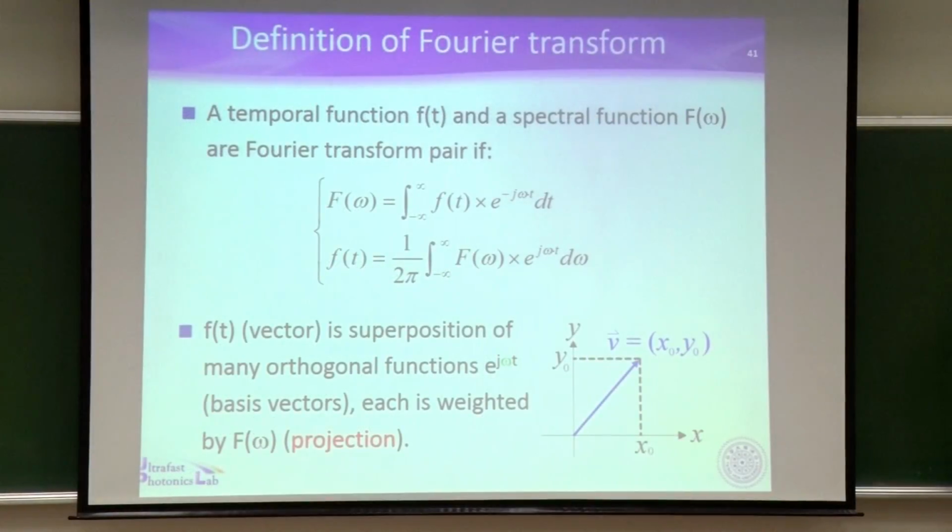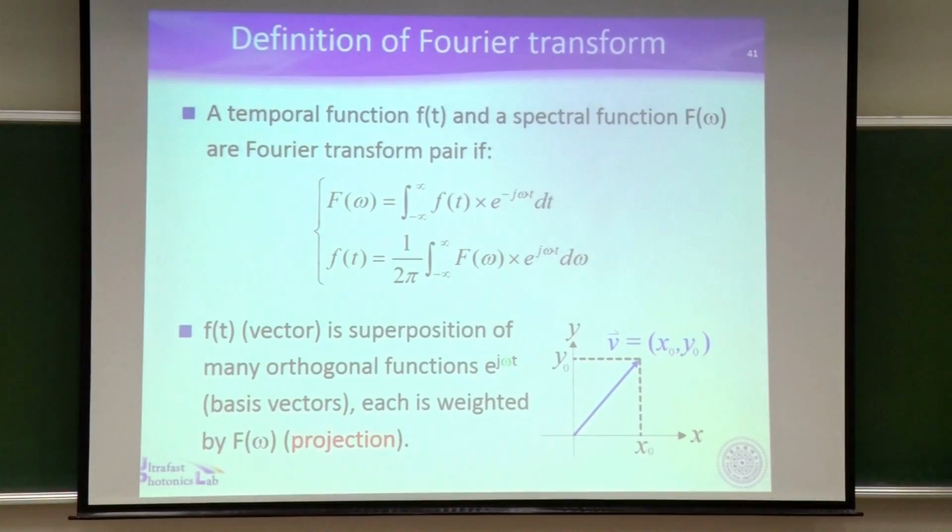I use this simple figure to show you the idea underlying the Fourier transform theory. This is a very easy geometry. Say you have a vector on the xy plane. The vector is the blue arrow shown here.